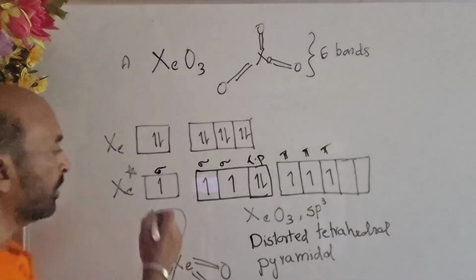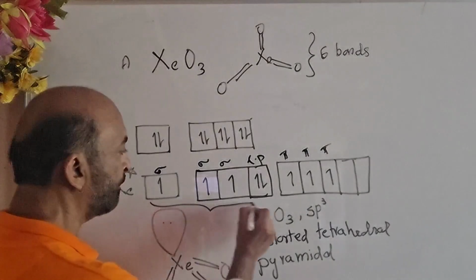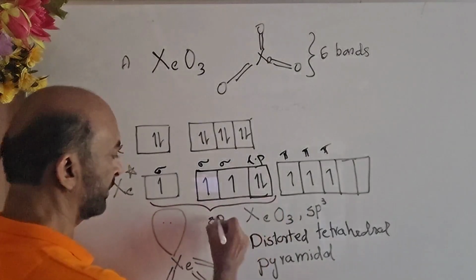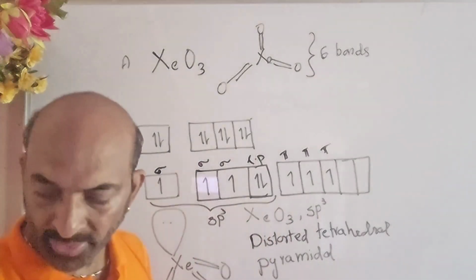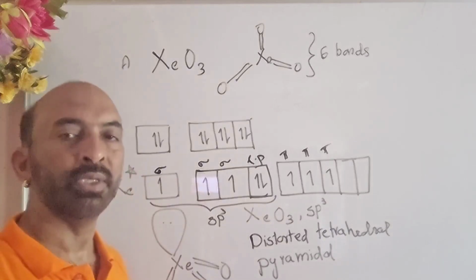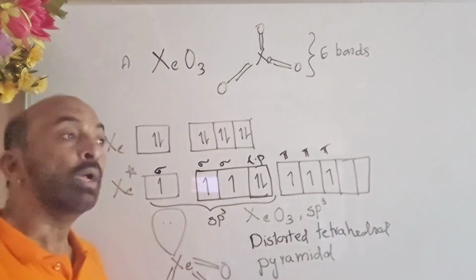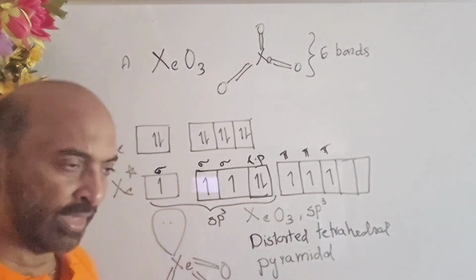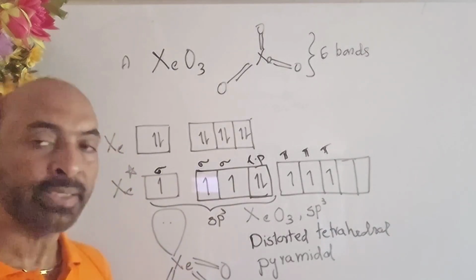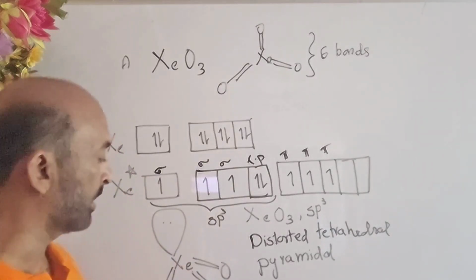Okay. So we have sp3 hybridization here. And we know in sp3 hybridization, the regular structure is tetrahedral.